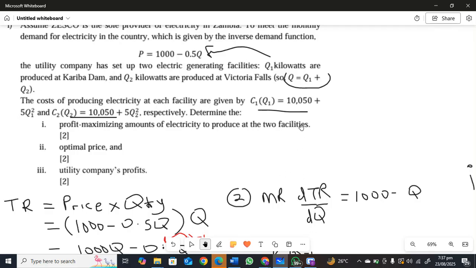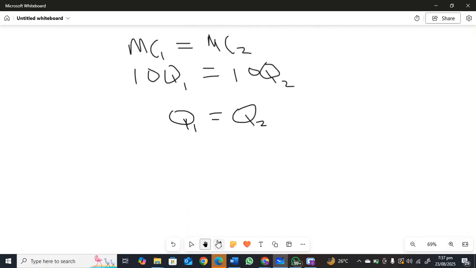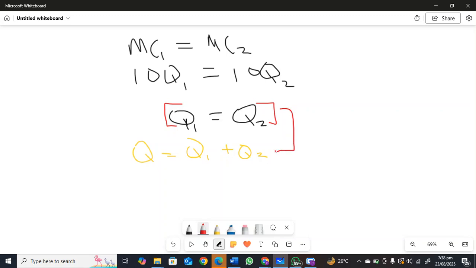So this equation which we've been given, Q equals Q1 plus Q2, we can substitute this new identity we've got, that Q1 equals Q2, into it. You equate the marginal costs so that you can substitute this identity in here.